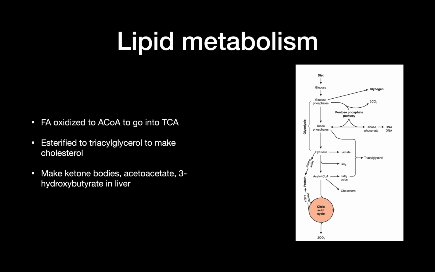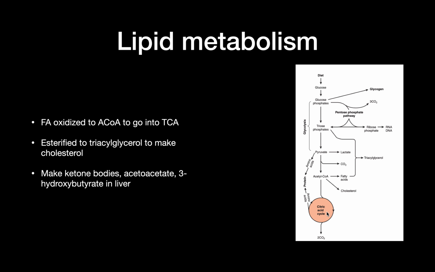So let's go into the lipids. Lipids are, of course, fatty acids, and they contain a whole lot of energy, much more than pyruvate or G6P. So the fatty acids are metabolized, or oxidized, pardon me, to acetyl coenzyme A, and that goes straight into the citric acid cycle, or TCA.